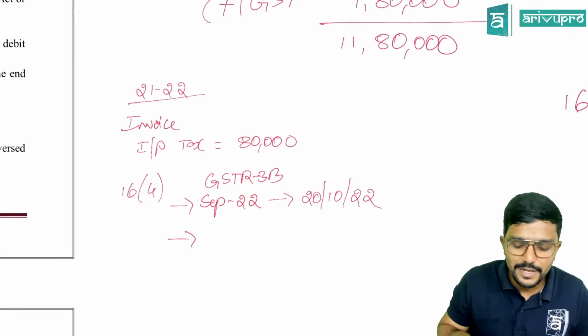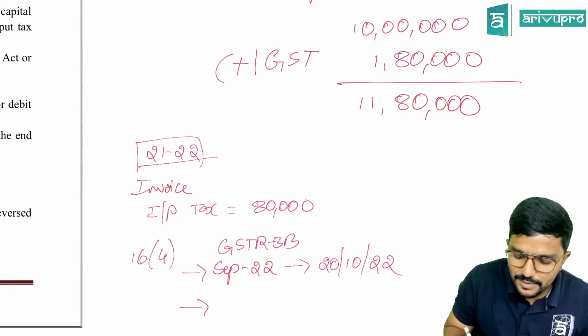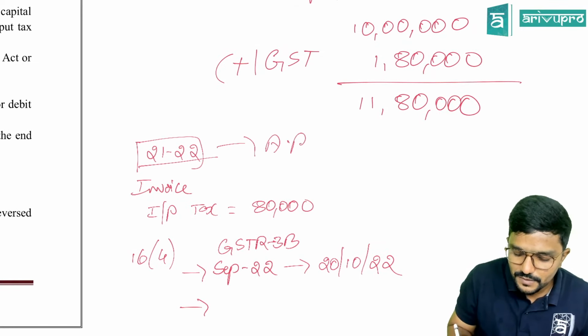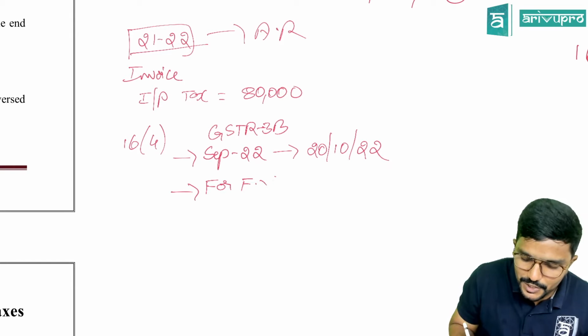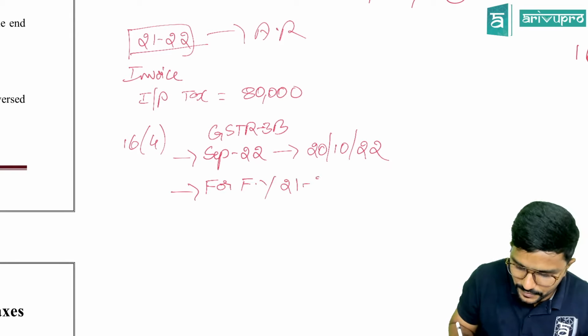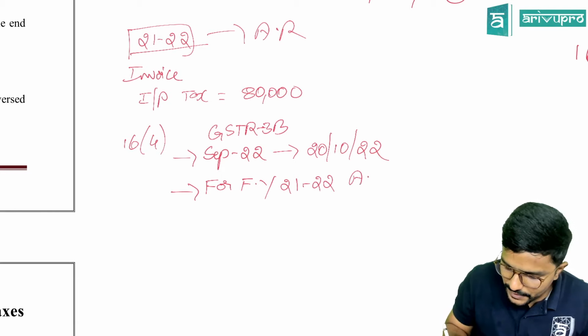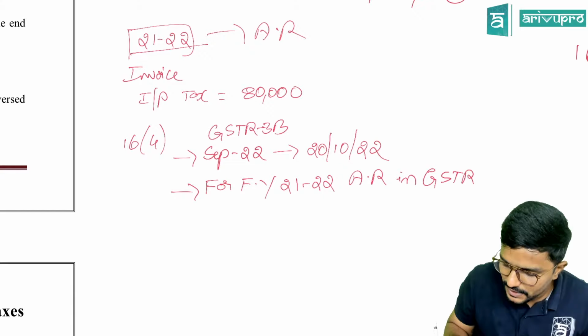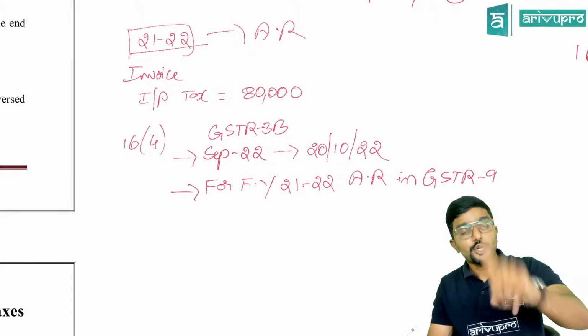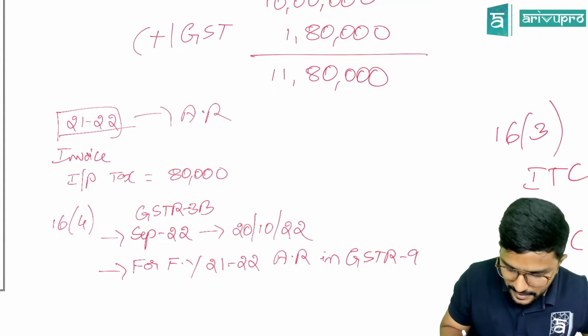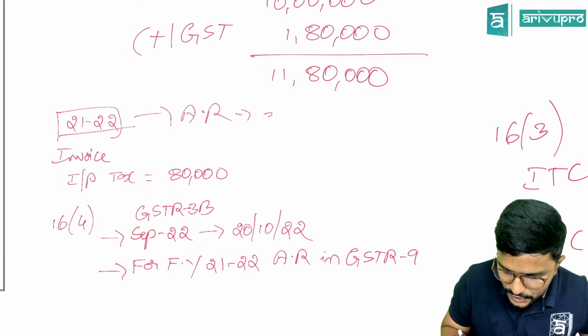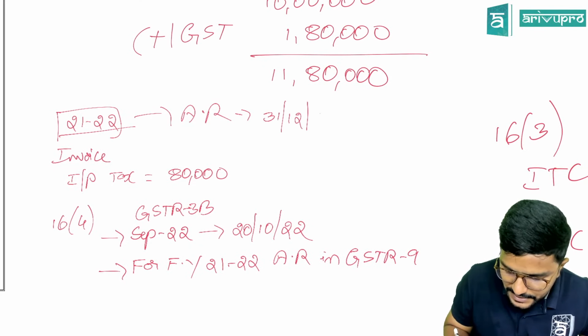Then for this financial year, I am supposed to file the annual return. So for financial year 21-22, the annual return in GSTR 9 should be filed. The due date to file the GSTR 9 annual return is 31st December of next year.